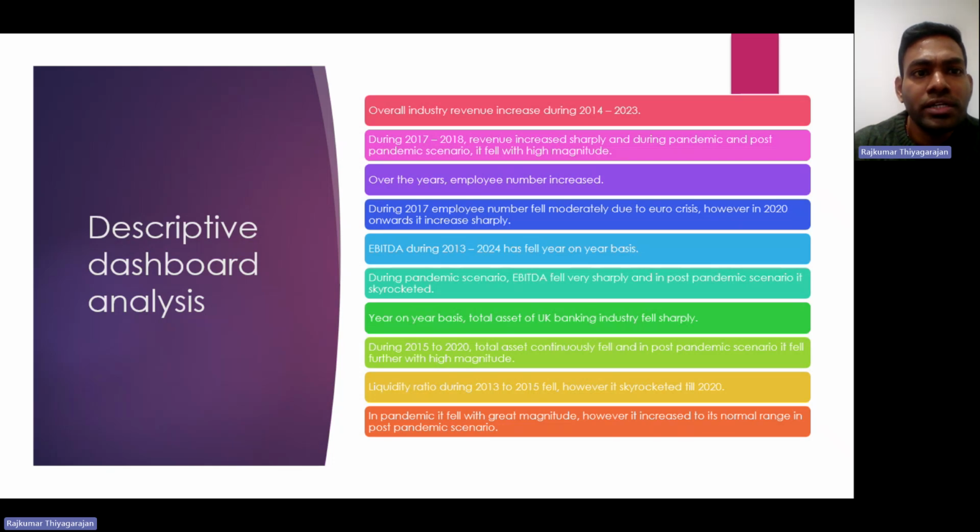Total assets declined consistently from 2015 to 2020, with further reduction post-pandemic. Liquidity ratios fluctuated, initially declining from 2013 to 2015, then rising until 2020, then dropping during the pandemic before returning to pre-pandemic levels.